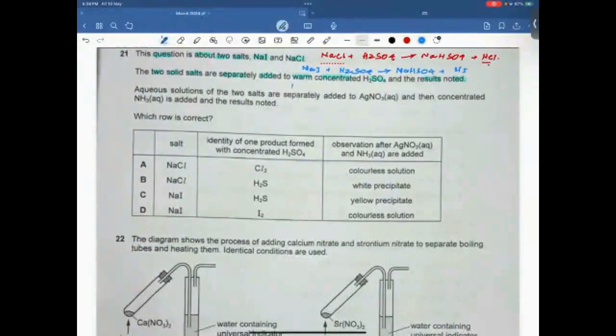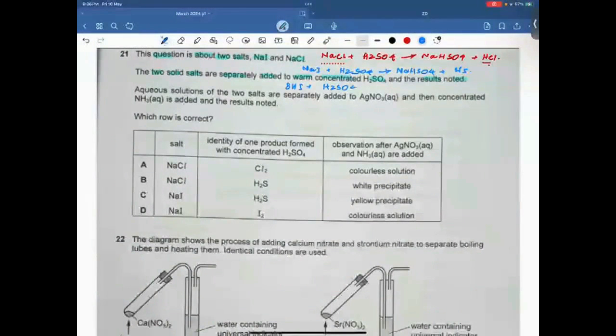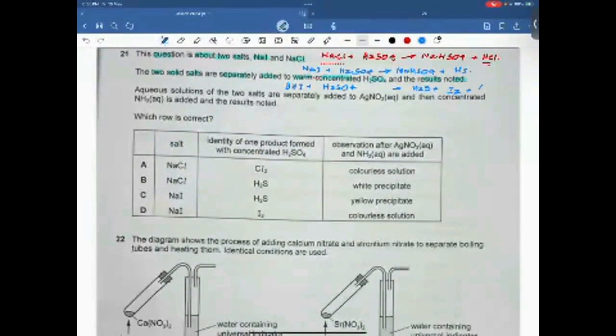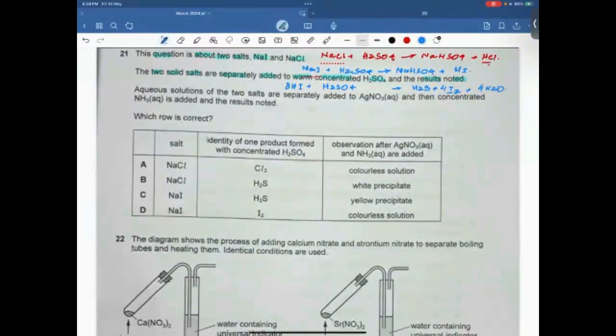Now, this misty fumes of HI, when treated with concentrated H2SO4, then H2S gas is formed, which has a rotten smell, and water. Okay, and this is going to be iodine. All right, that was the equation we have discussed in the class.